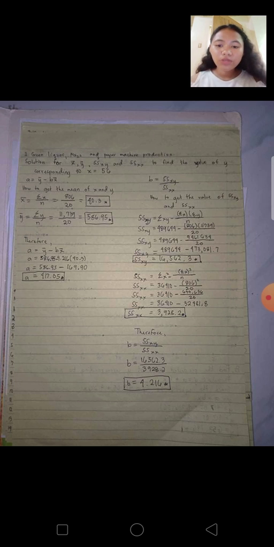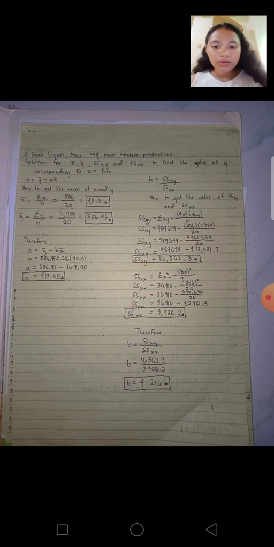So, ang formula niya is mean x is equal to summation of x over n, which is, kung makita nato sa table nga gi-present nako ganina, ang summation of x is equal to 806, tapos ang total population is 20, and then is equal to 40.3.